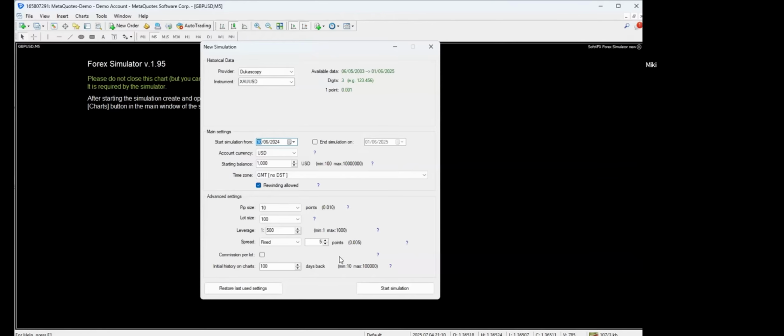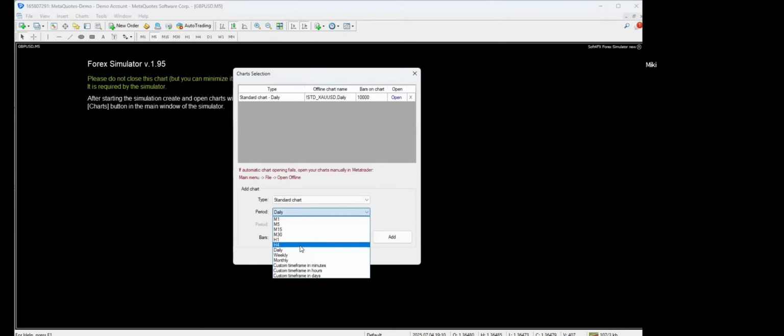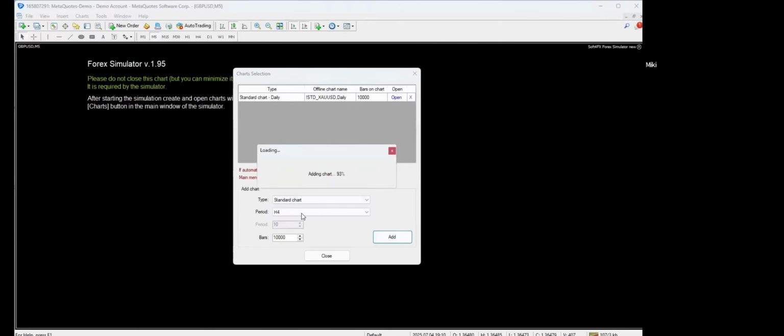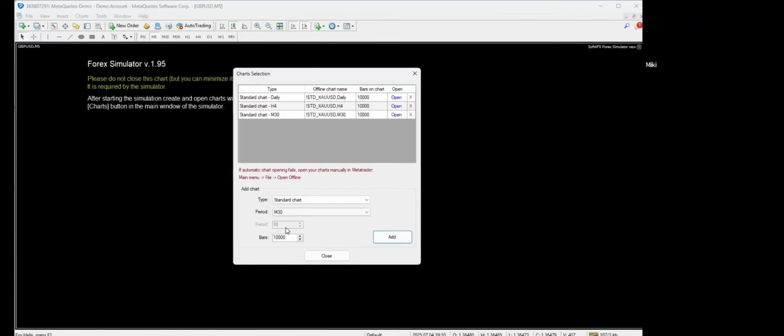Then I'm going to note all my findings and see how well those trades actually play out over the course of the next month. So I'm going to have a daily, like I said, 4-hour for structure, and 30-minute. I'm not going to use the 1 hour because it's going to be based on the 30-minute support and resistances.